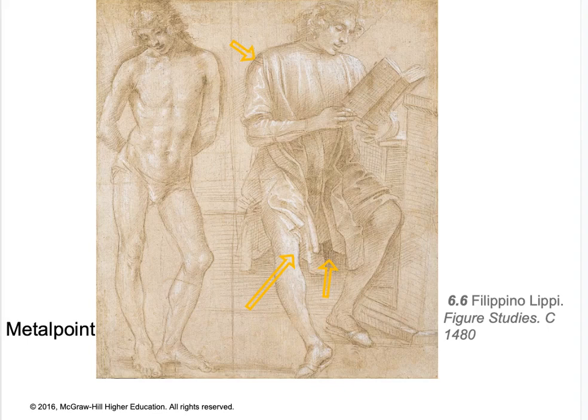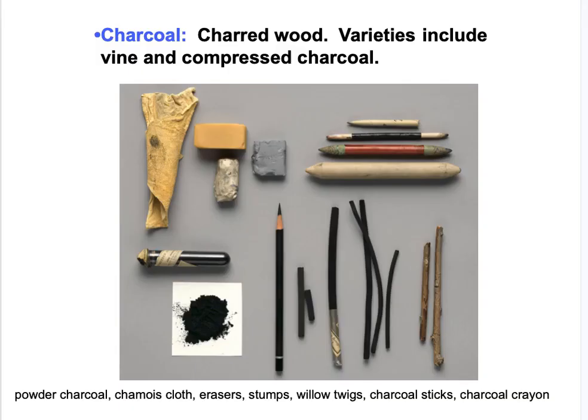Okay, our next type of media for drawing, dry media, is charcoal. Charcoal is what it sounds like: charred wood. And there are several varieties of it. You can have vine charcoal and compressed charcoal.